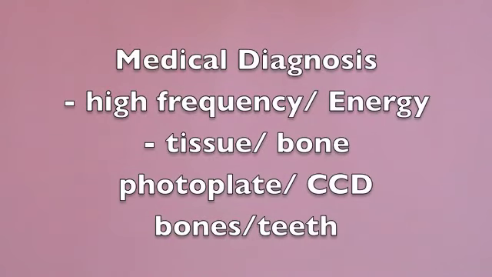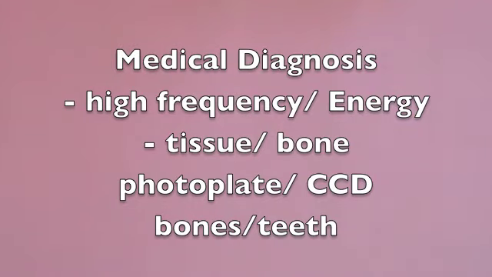So how can we use X-rays? Well, firstly, of course, for medical diagnosis. We're using the high-frequency X-rays. High frequency is equivalent to high energy. Those X-rays will pass through bodily parts, but they will be attenuated to different degrees depending on what they're passing through.